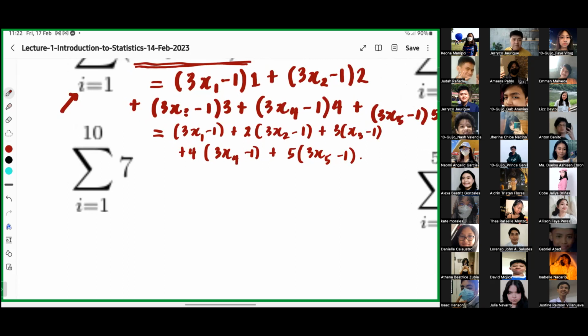Sir, ako po. Ay, si Bea pala. O, sige, Alexa, sinong gusto mong sumagot? Si Kiona po. May tanong muna si Faye. Sabi ni Faye, we substitute po the index of the summation until we reach the, yes, the upper limit. Hanggang sa ma-reach na natin yung upper limit.